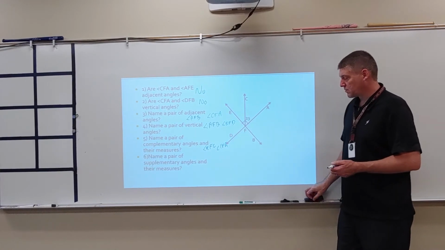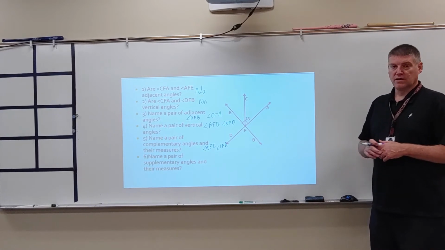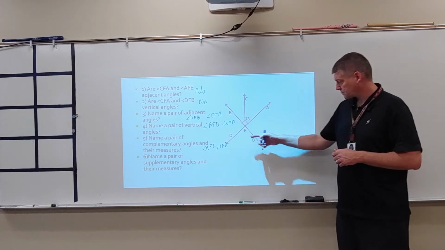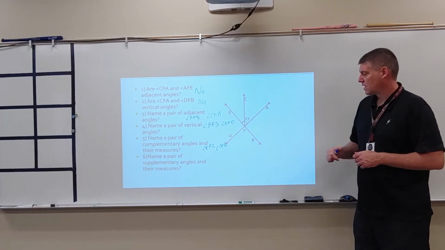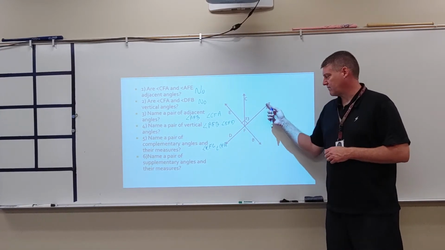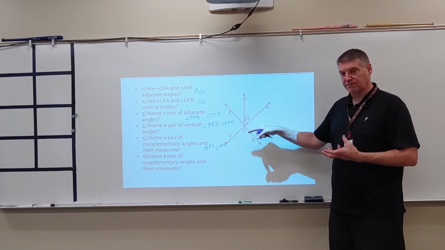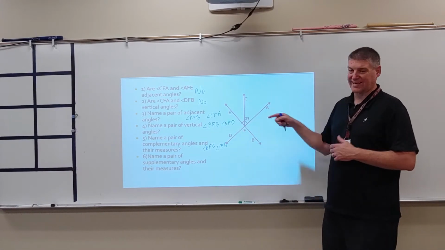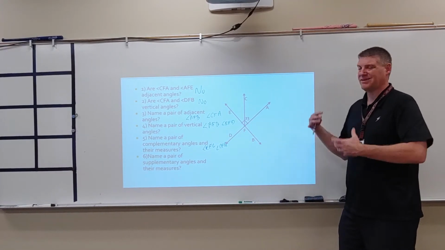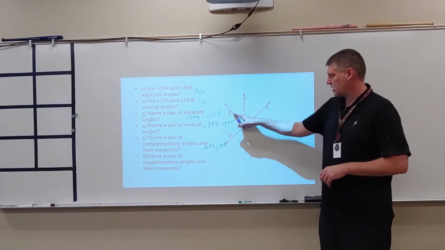Name a pair of supplementary angles. Now I just need to take two that form a line. I want to make sure that I have a line. Notice CF terminates at F, so I either need to use EB or AD. It doesn't really matter which one. We're just going to pick one. I'm going to look at EB here.